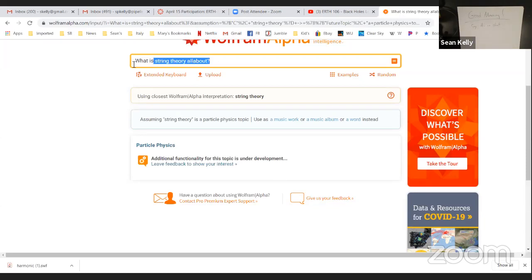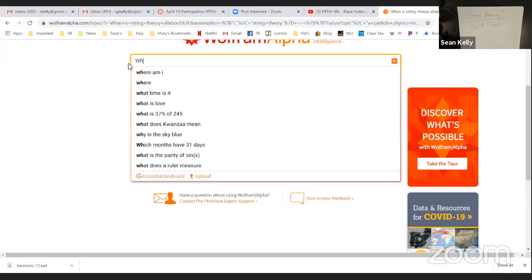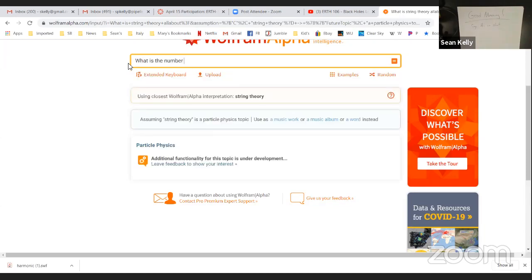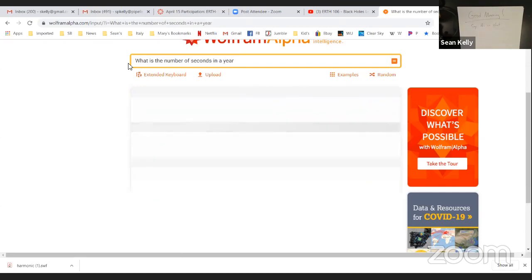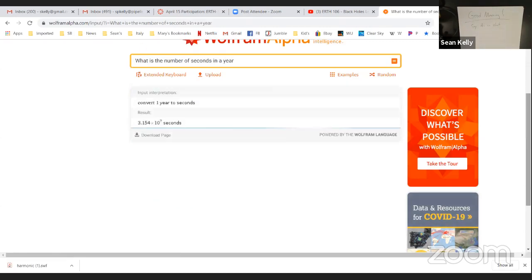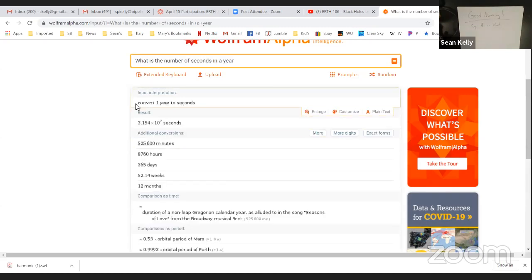Okay, so let's see. What is the number of seconds in a year? So you can ask questions like that. This is actually the calculation or the instruction that I gave it. I didn't tell it to do that, but my natural language gave it the understanding to convert a year into seconds.